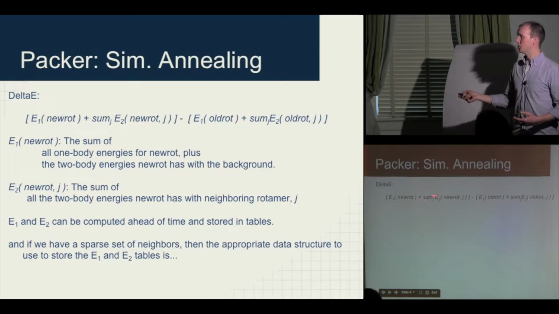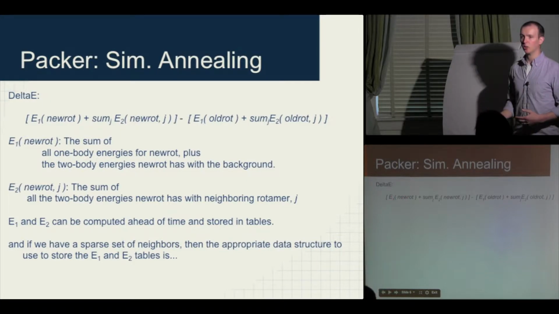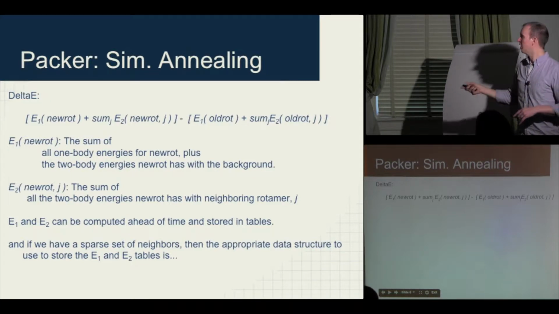So that would be the two-body energies. And so the new total energy you can think of as being described as the interaction energies of all the rest of the background, plus the one-body energies of the new rotamer, plus the two-body energies of the new rotamer with its surroundings.